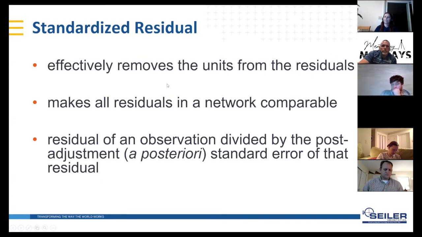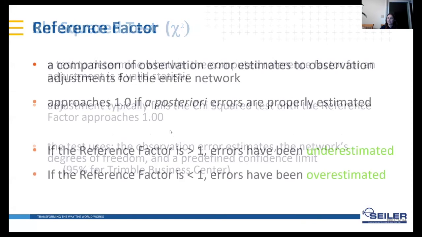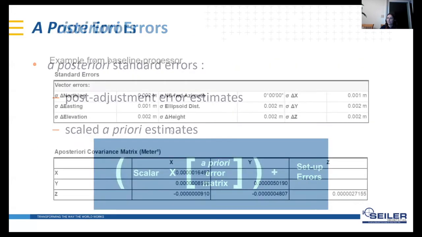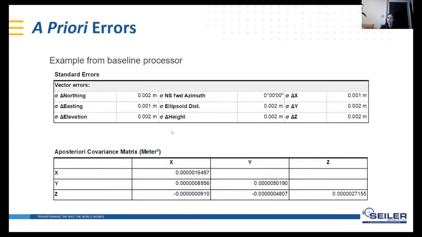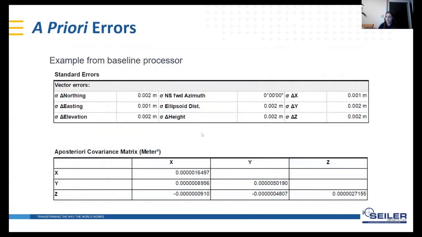So, standardized residuals. We need to define two parameters before doing this. We have a priori errors and a posteriori errors. A priori errors are the errors before the adjustment.